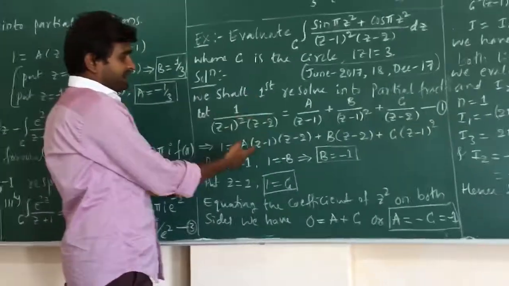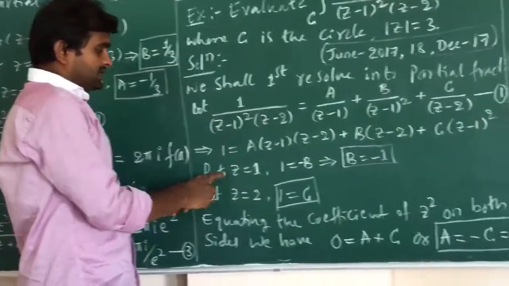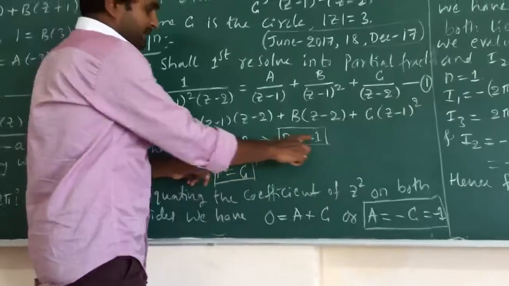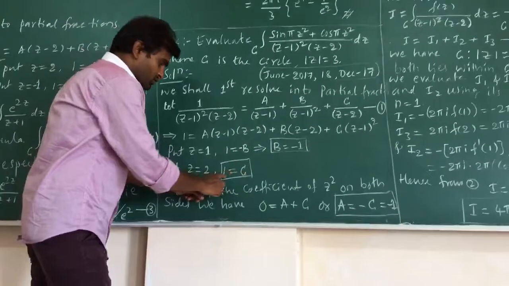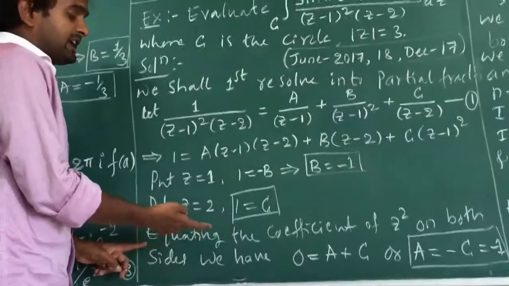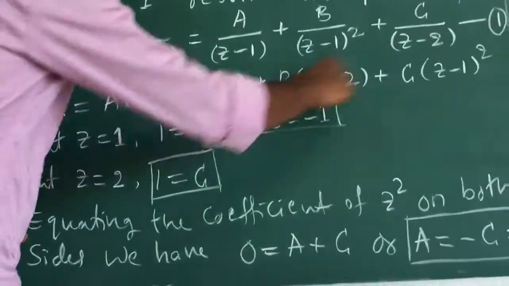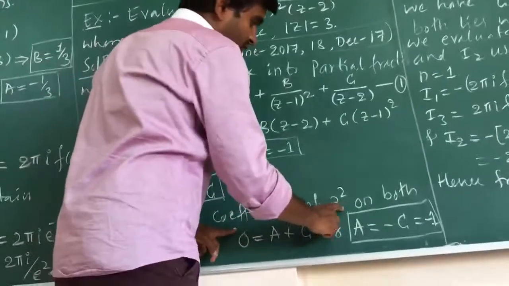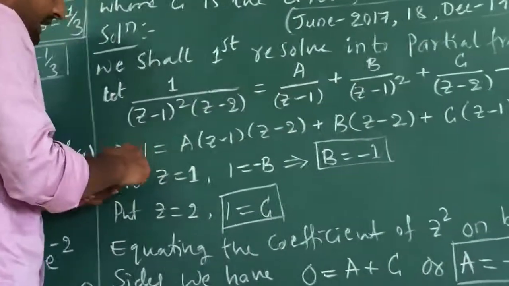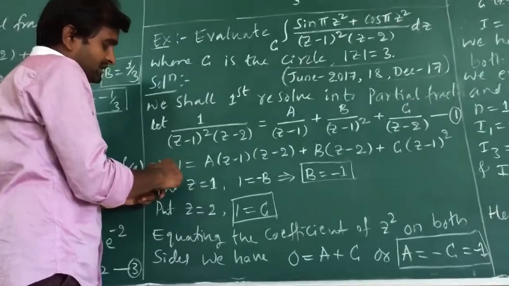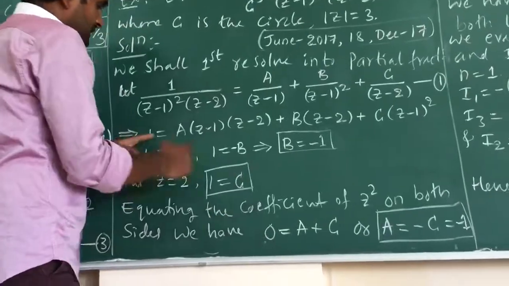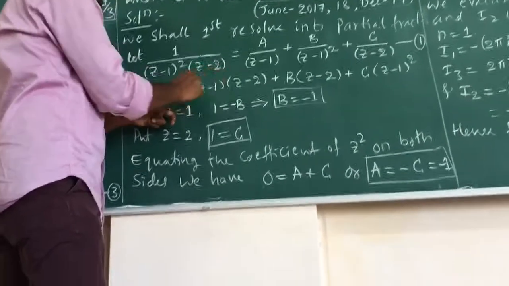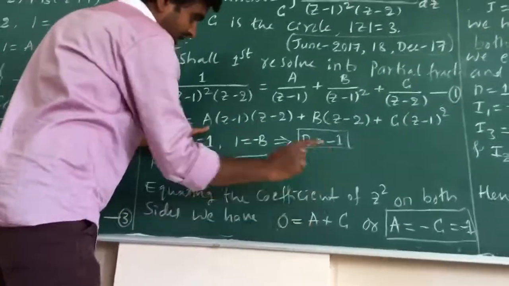Now again find the values of a, b, c, following the same method as in the previous example. Put z equal to 1, so we get b is minus 1. Put z equal to 2, we get c is 1. To find a, take the coefficient of z squared and equate it on both sides. On the left side we have 0. On the right side, a into (z minus 1)(z minus 2) gives a z squared term, so I write only the coefficient a.